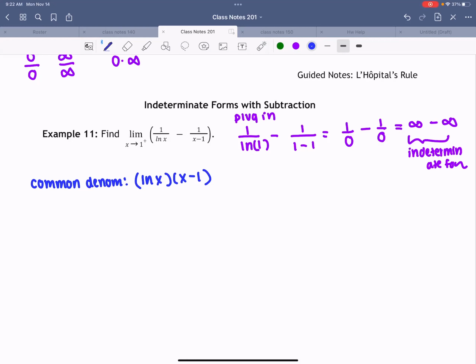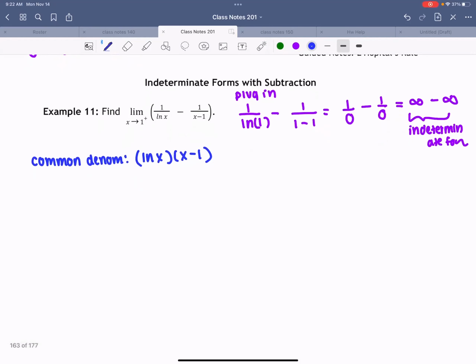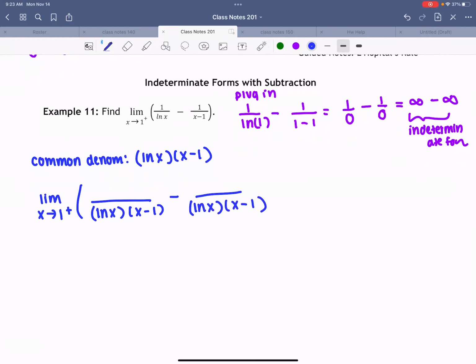All right, so let's try to make this a big fraction. We have the limit as x goes to 1 from the right. I want to make both these fractions have the denominator ln of x times x minus 1. What is going to be the numerator of my first fraction?